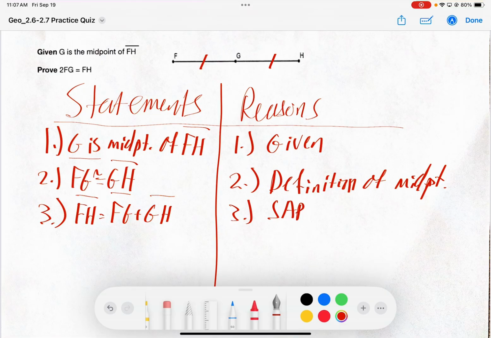Hiya? I did FG plus FG equals FH and I did substitution. I like that. So FH is equal to, I'm sorry, should be congruent. You said FG plus FG? Yeah. I like that. Substitution property? Okay.